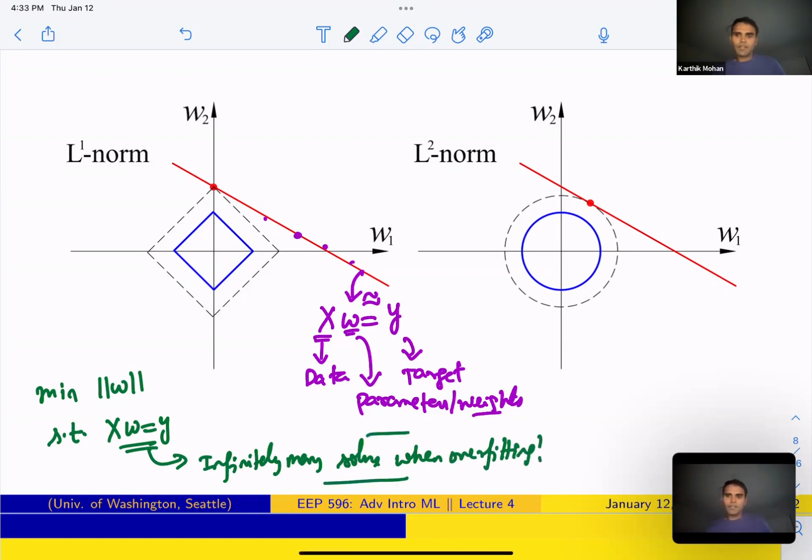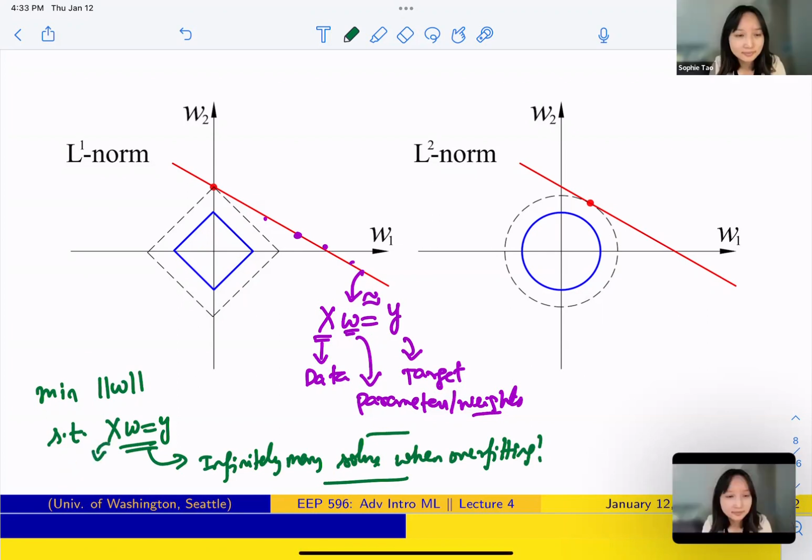We agree to this, which means that X is an underdetermined matrix, or the number of rows in X is less than the number of columns. So N is much less than D.